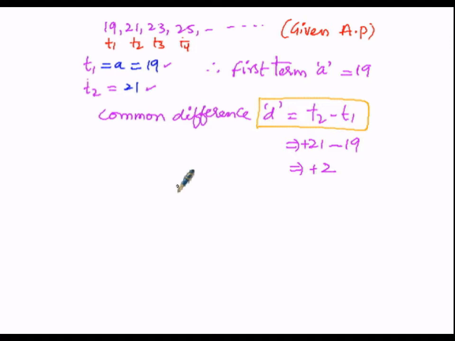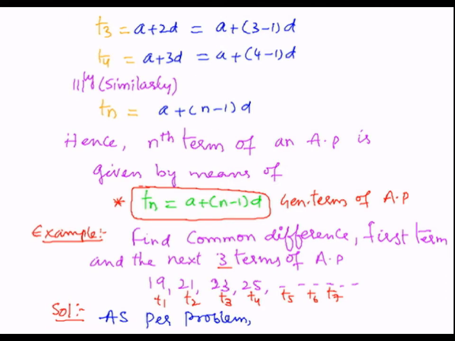Therefore, common difference D is equal to 2. But here we have to find out the next three terms. As per the problem, we have to find the next three terms of the given AP.